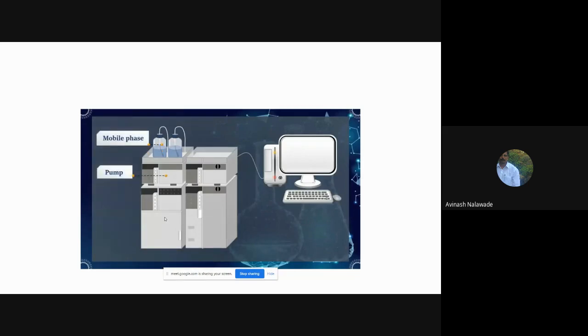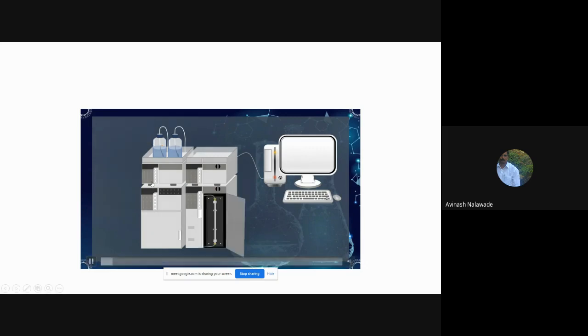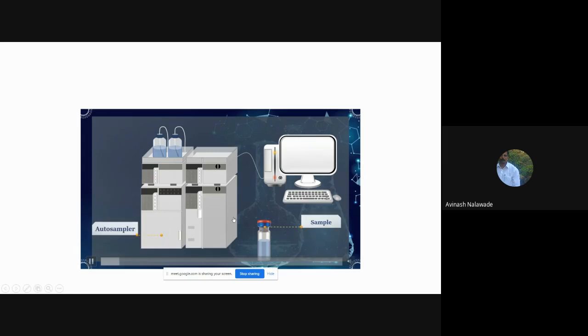These are the mobile phases, then the pumps, then the column with the oven, because the column is placed in a particular oven. Then this is the auto sampler. See here how auto sampling is done. The instrument itself takes the sample and feeds it to the column. Okay, so this is about the sampling process, how auto sampling is done.